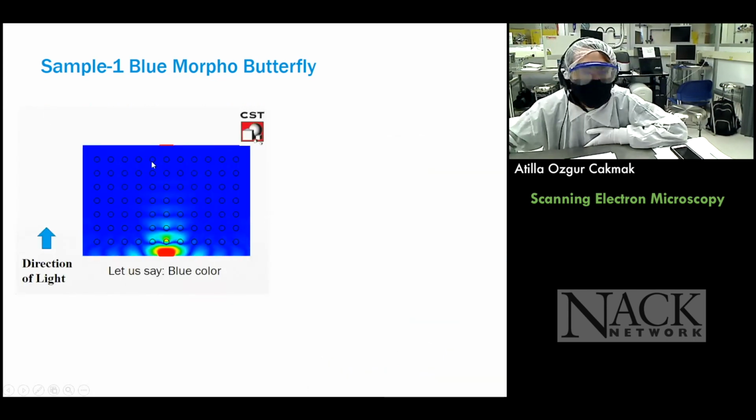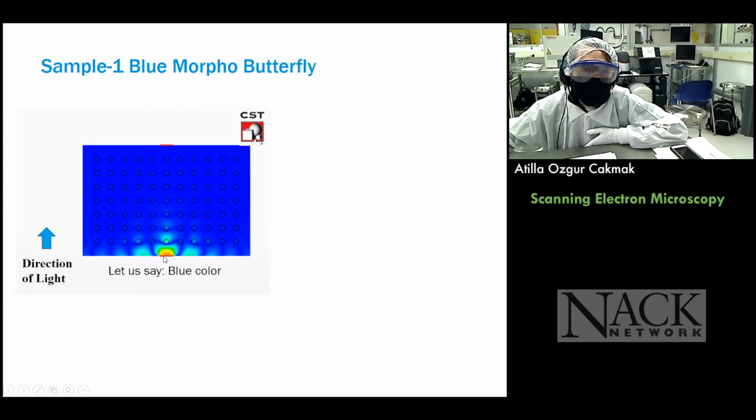What can you do? Just like the blue Morpho butterfly, you now work with periodic arrangements. I hope you can see these periodic arrangements here. You can do a much better job with nanofabrication, a nanofabricated device with periodic arrangement, a periodic refractive index configuration, like we have from the top view, these holes drilled into this block.